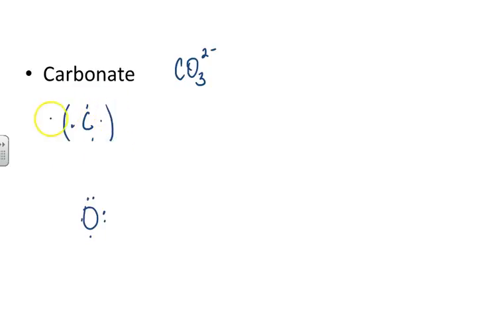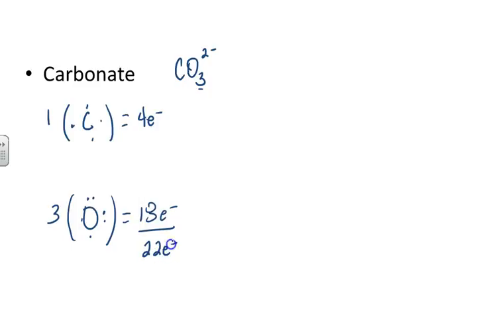We've got 1 carbon, 4 electrons. We've got 3 oxygens, 6 times 3, 18 electrons. This totals to 22 electrons. But we've also got a charge, so we're going to add 2 more electrons to give 24 electrons.